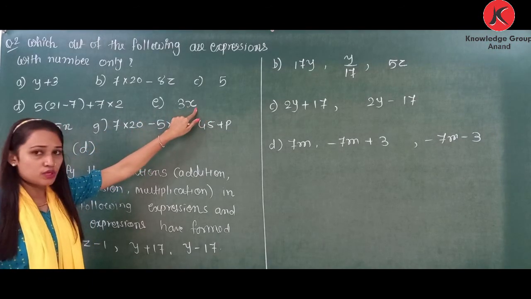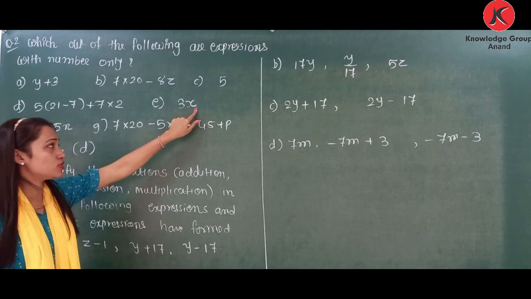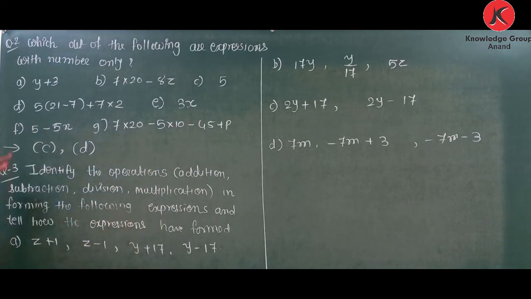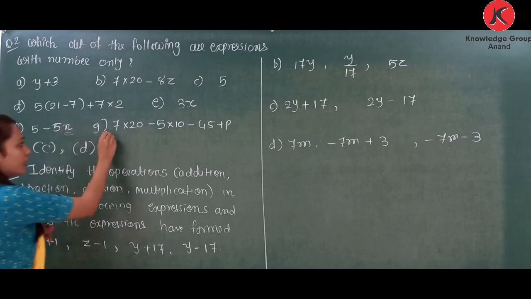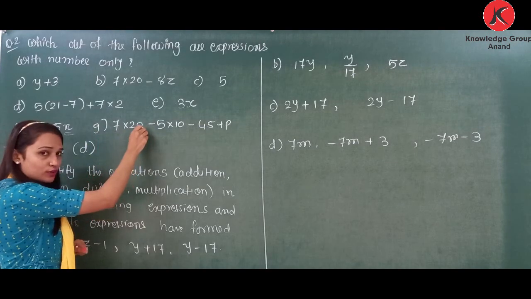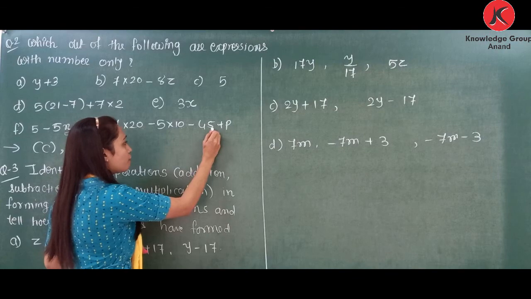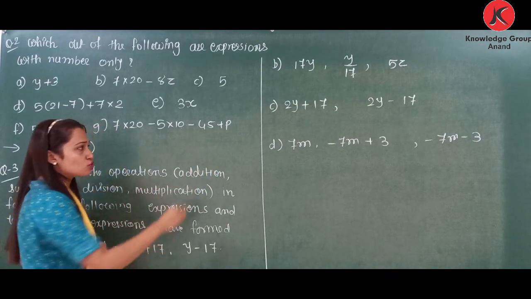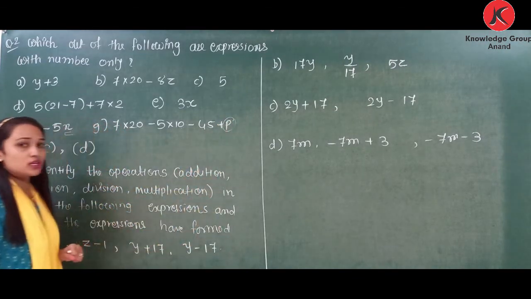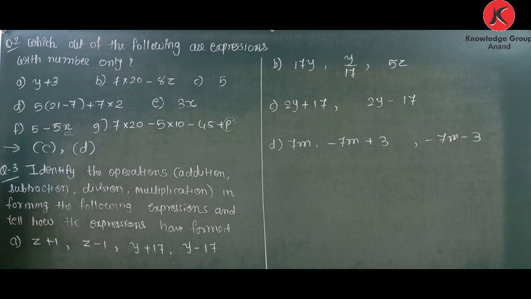X is a variable, so this is not an expression with numbers only. 5 minus n, so n is a variable, so this is also not our answer. Next one, 7 multiplied by 20 minus 5 multiplied by 10 minus 4, 45 plus p. So p is a variable, that's why it is not our answer.